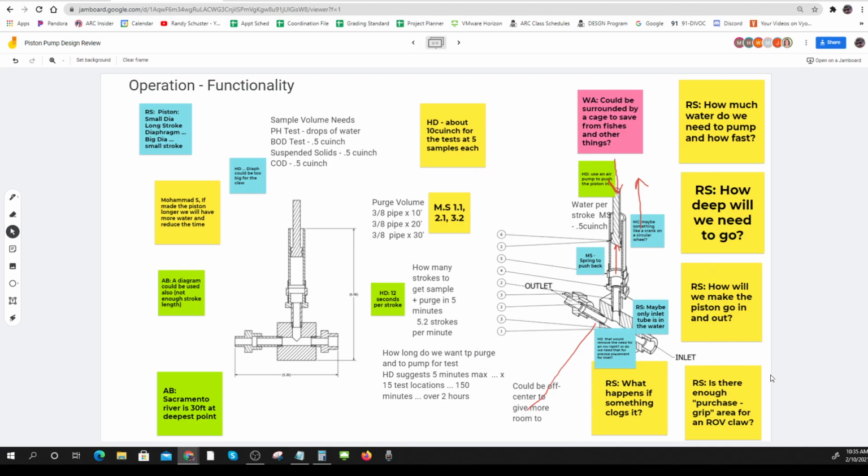Okay. And so now our last question is, what if something clogs it? And Wasan has already said, could you put a cage around it? And you could. Let's see. So Michelle, if you're trying to keep the piston components out, would it be reasonable to offset the inlet and the outlets further down? Yes. And that's the other thing: this whole thing could be below, and this could be the only part that's above, right?